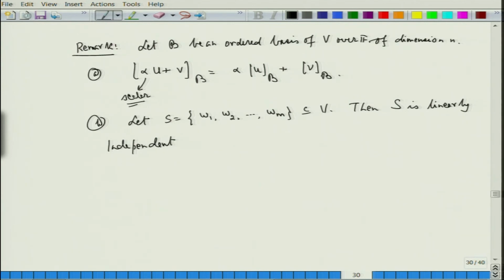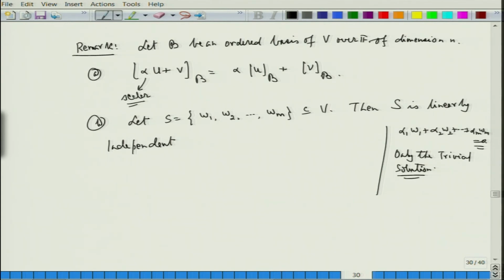So let's recall things. When is S linearly independent? S is linearly independent if I am supposed to solve a system alpha 1 W1 plus alpha 2 W2 plus alpha m Wm is equal to 0. I need to solve this system and my solution should be only the trivial solution. Fine. This is what I need.